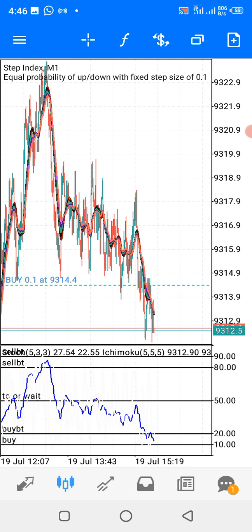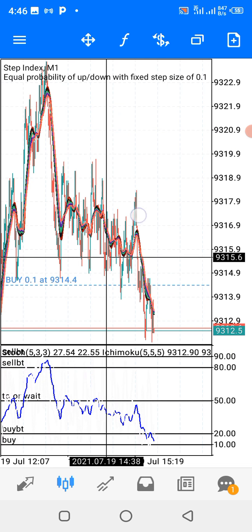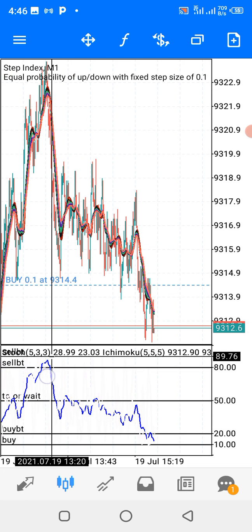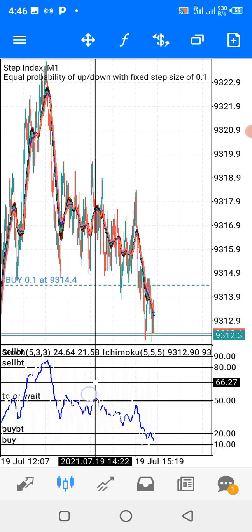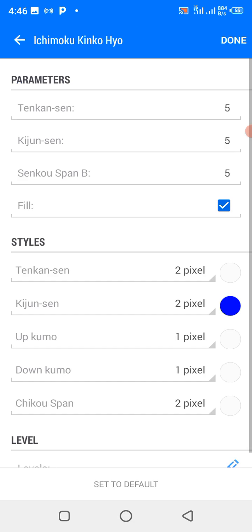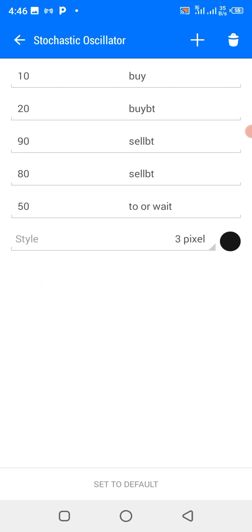You will go to the least zone level. When you go to the least zone level, you wait for Ichimoku to be between level 90 and 80. Though initially I was like, you should concentrate on level 10 and level 90, but level 20, level 10, level 80, level 90. You will see level 10 is buy, level 20 is buy BT.